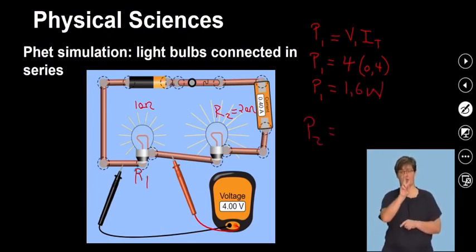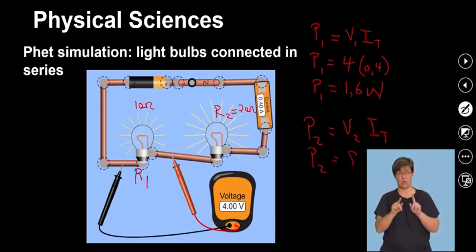P2 is equal to V2 multiplied by the total current. Why? Because all the current passes through R2. So what is our V2? It's going to be 8. The 8 comes from 12 less the 4, because the total voltage is 12 volts, supplied by the battery, multiplied by the total current, which is 0.4.